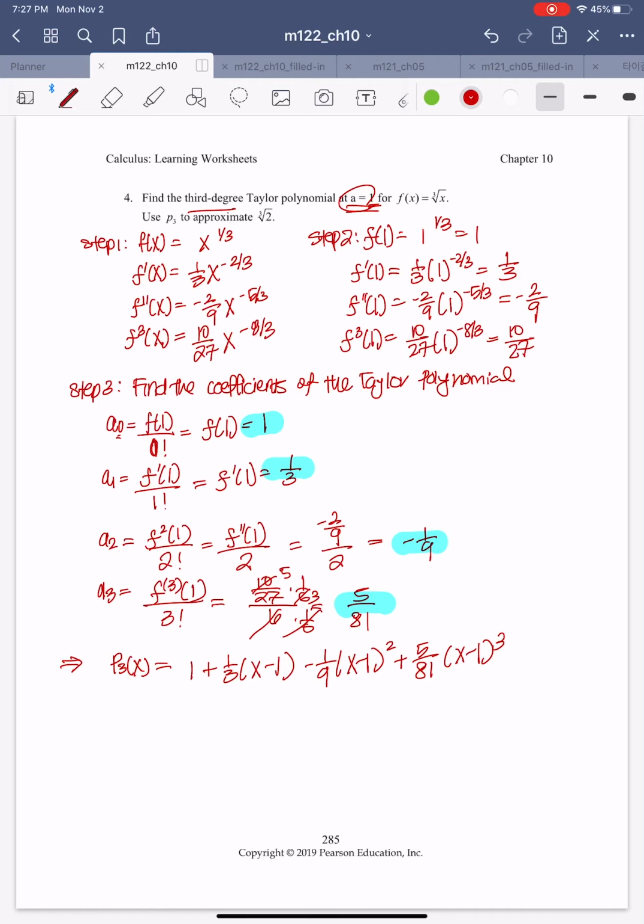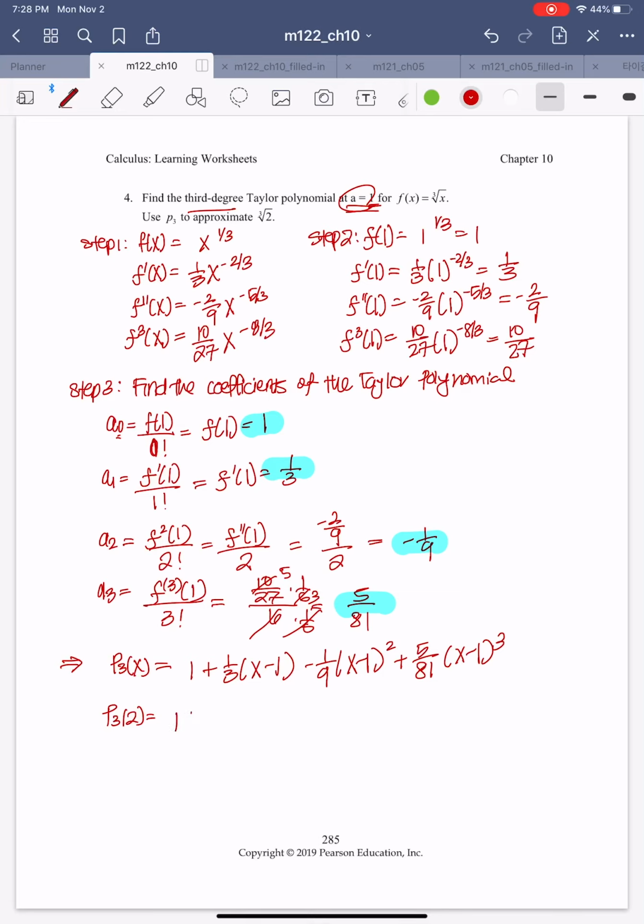Now, find the approximate value. The last part is we want to use this P sub 3 Taylor polynomial to approximate the cube root of 2. Your x this time is just 2, so we are substituting P sub 3 of 2.